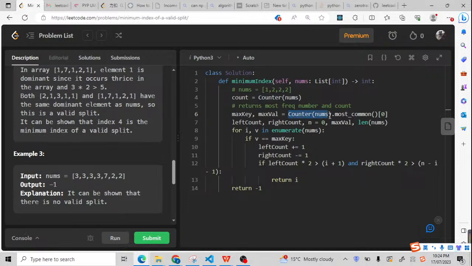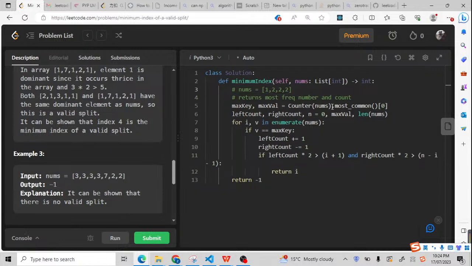For Counter nums, we don't need this line of code. Counter nums is a dictionary, so we can directly use most_common. We didn't know about this before. Oh, there's a most_common method in Python. With one line of code, you can get the frequent numbers.